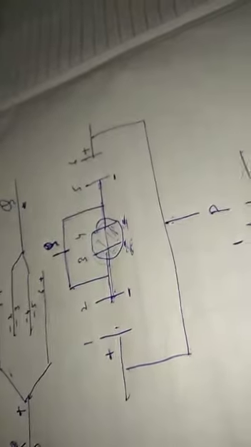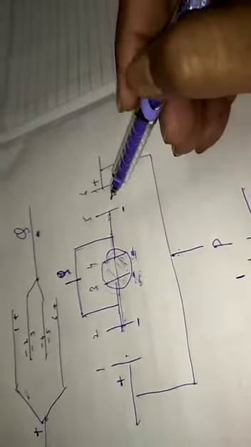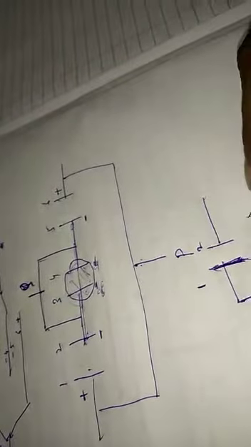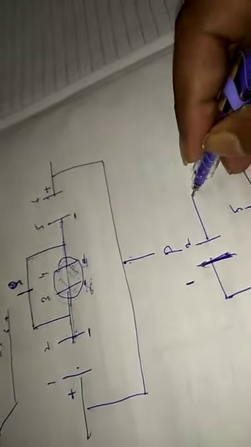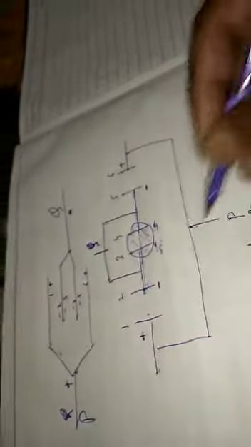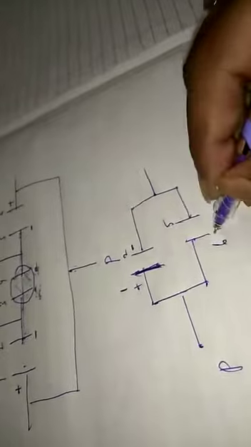So, 2 and 5 are opposite to 6, and 2 and 5 are connected to Q. Now 1 has positive charge, so 2 must be negative, and 6 has positive charge, so 5 has to be negative.